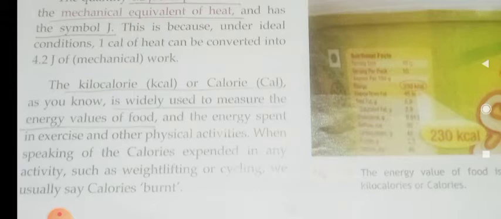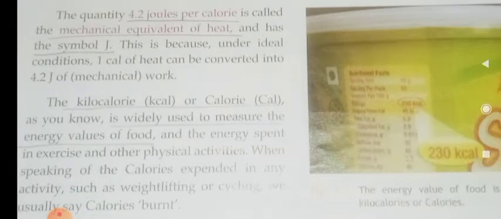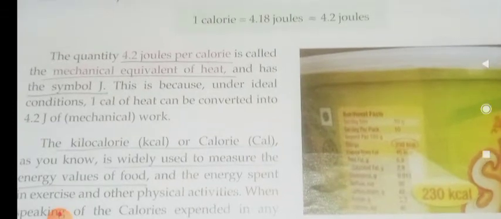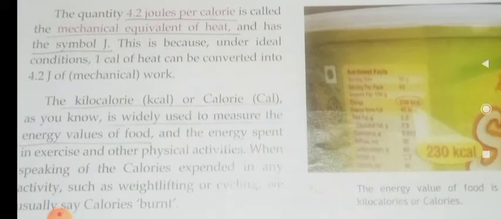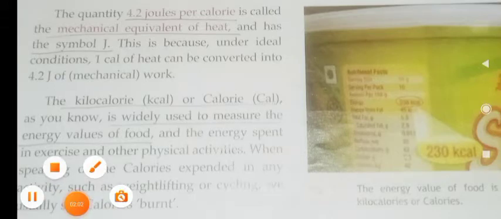So calories expended in any activity such as weightlifting or cycling, we usually say calorie burned. Kilocalories or calories are the units which are widely used to measure the energy values of food. The SI unit of heat is joule and the symbol is capital J.